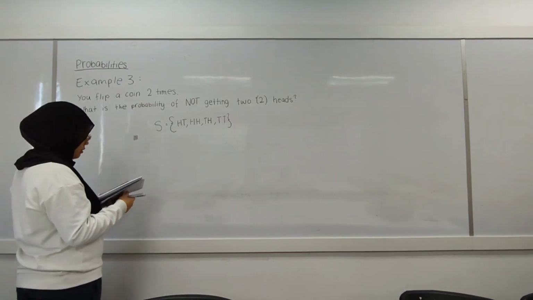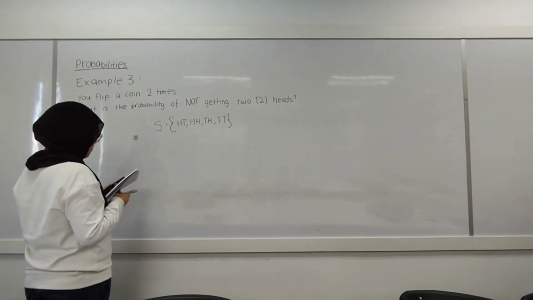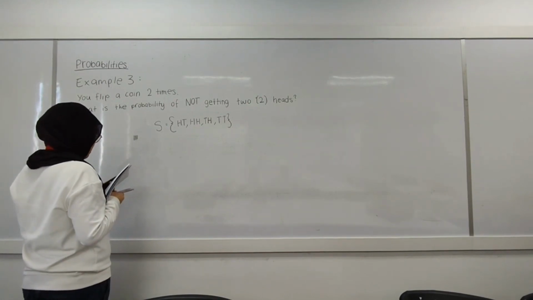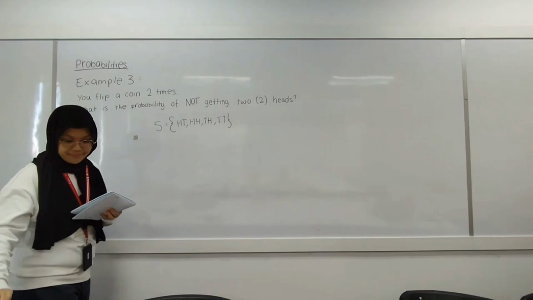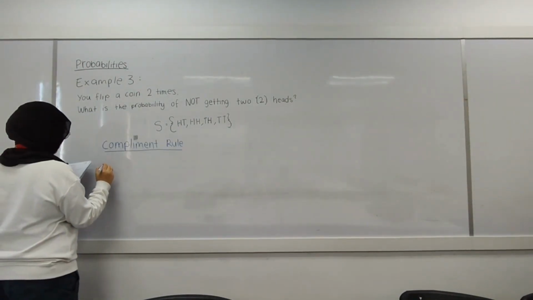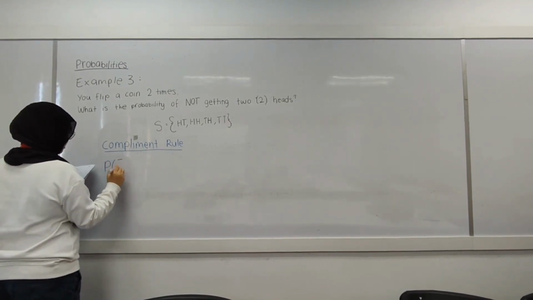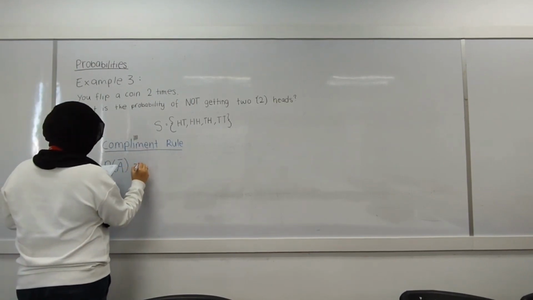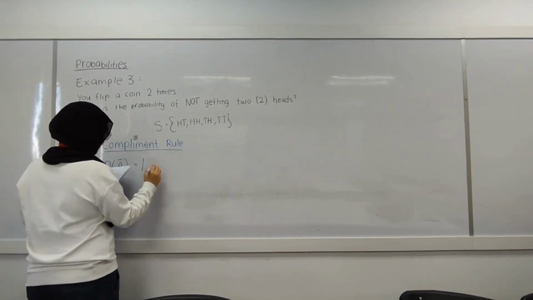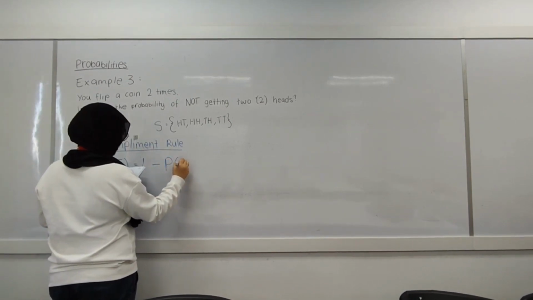We also can use the complement rule. The formula of the complement rule is probability of not A equals 1 minus probability of A.